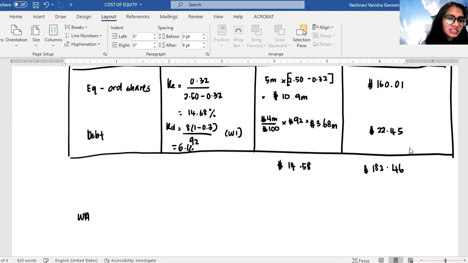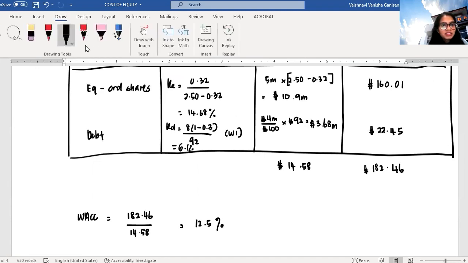So WACC equals 182.46 over 14.58, which is 12.5%. Okay guys, so your WACC here is 12.5%.